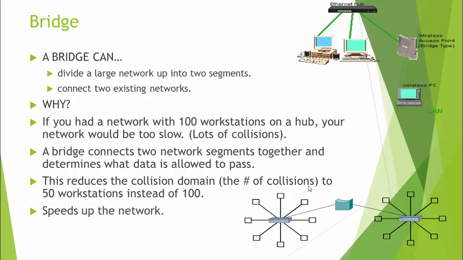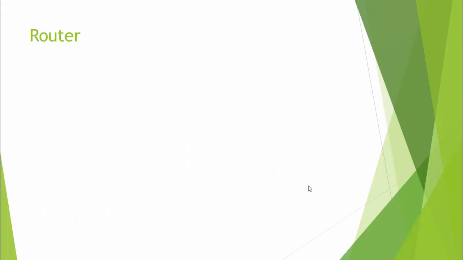Because it reduces the number of collisions, it'll speed up the network. You can think of it as being a 2-port switch, where it keeps track of all the devices on one port and keeps track of all the devices on the other port and decides which ones need which information.